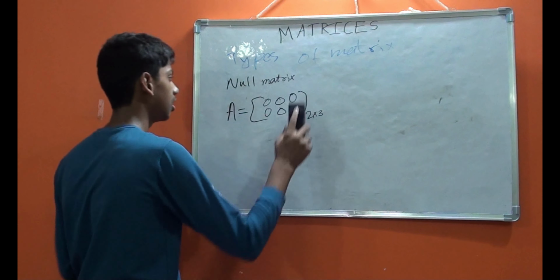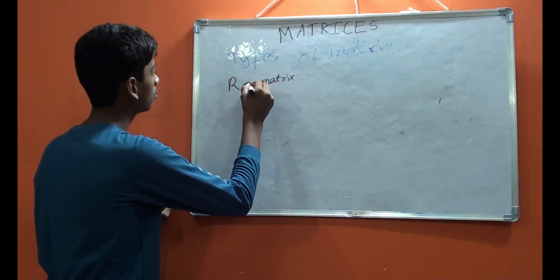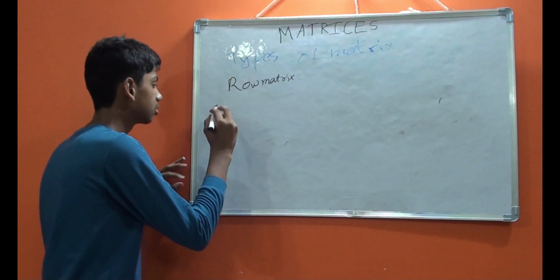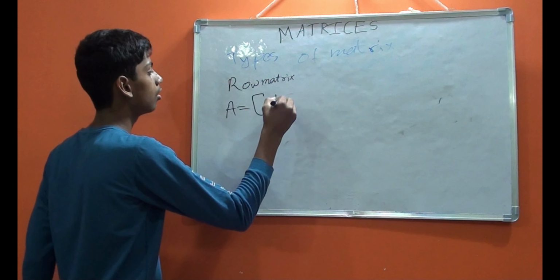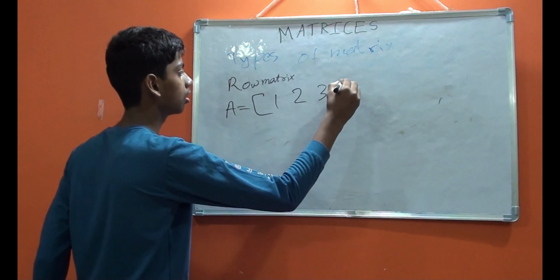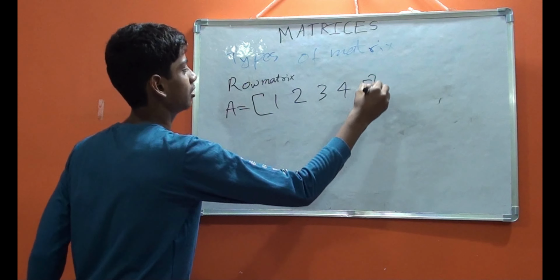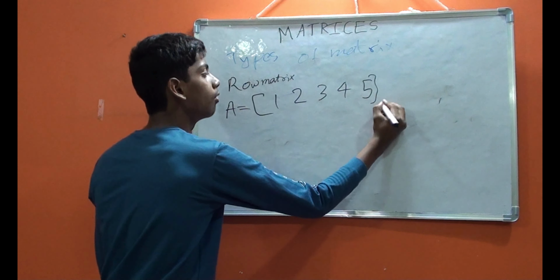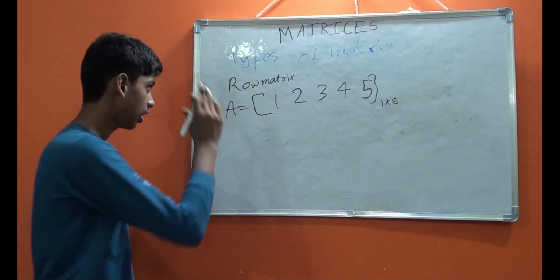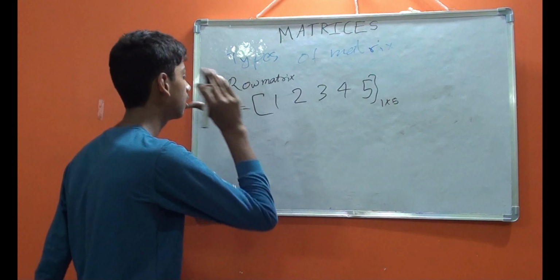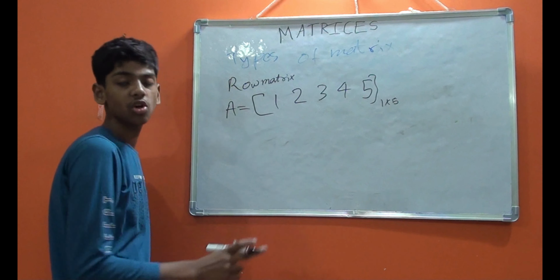Now let's learn about row matrices. Let's take A equals 1, 2, 3, 4, 5. Its order is 1 into 5. A row matrix is formed when the matrix consists of only one row.